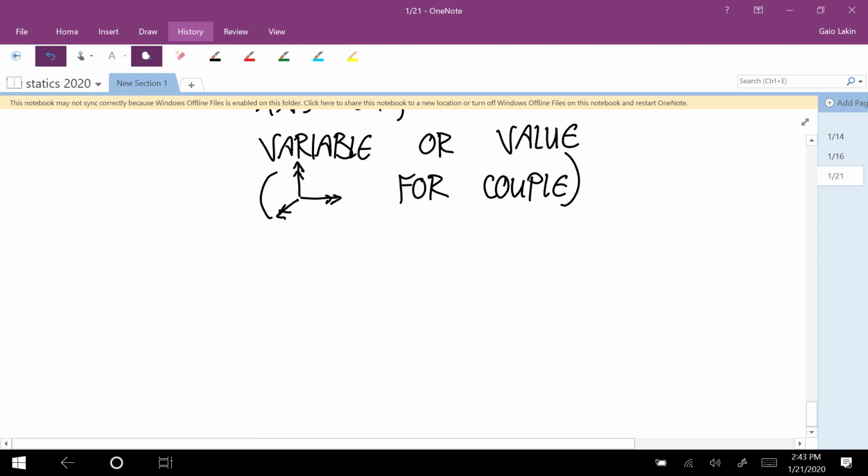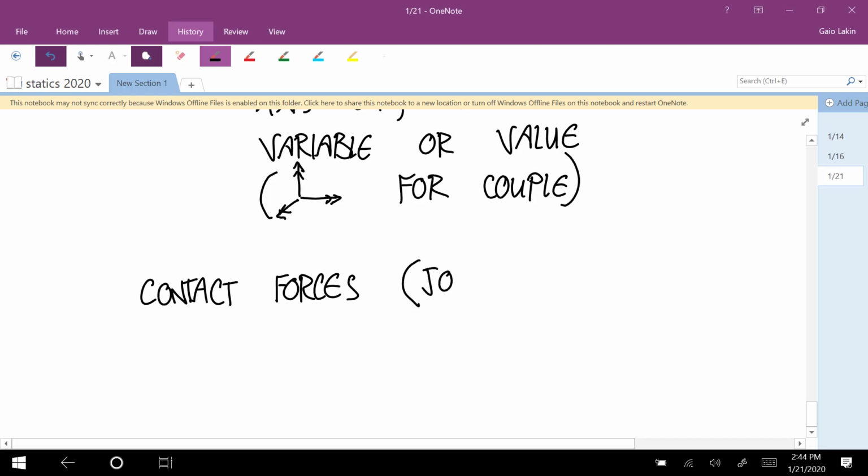So the next thing, one more thing before we can do problems. That's contact forces. We're going to deal with contact forces a lot in this class.